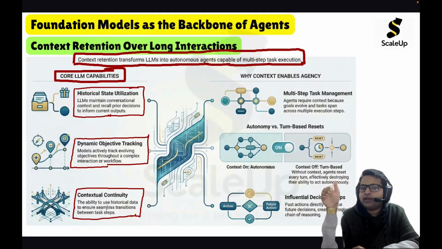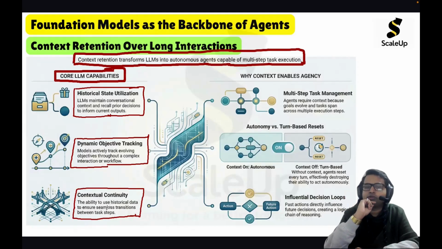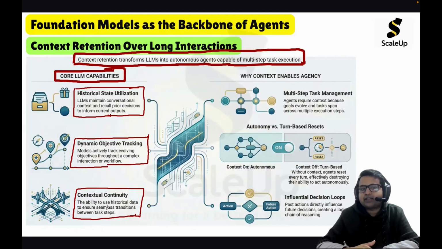Along with that main intent, whatever additional information you are passing is the context. So the large language model will take into consideration your input along with the historical data, which will act like a context for the new output, and it ensures seamless transitions between task steps.